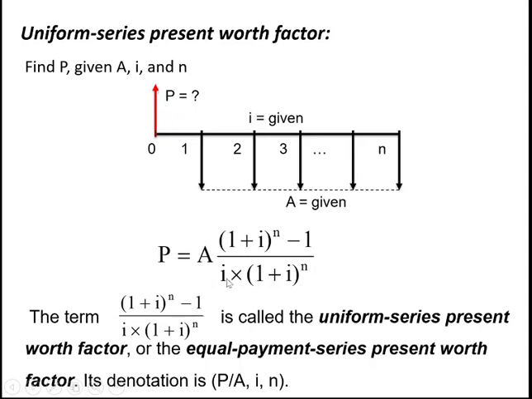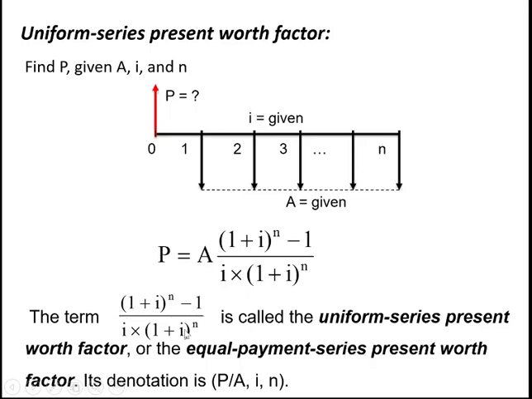Then we have the general formula here: P equals A times this factor, (1 plus i) to the power n minus 1, divided by i times (1 plus i) to the power n.